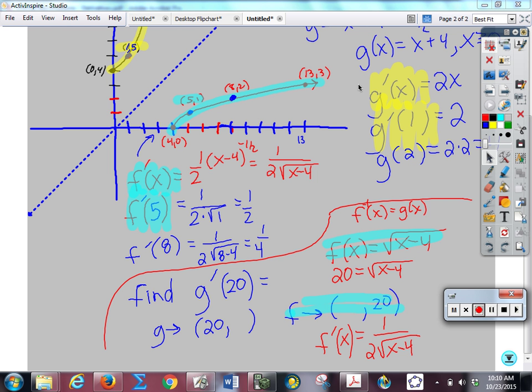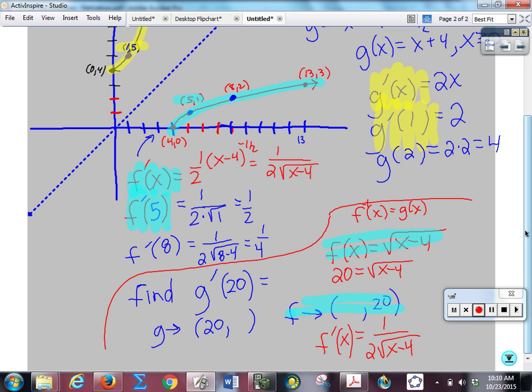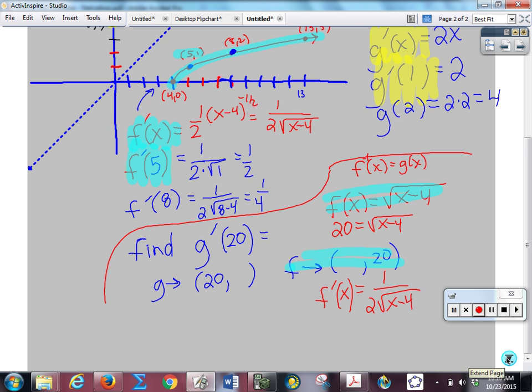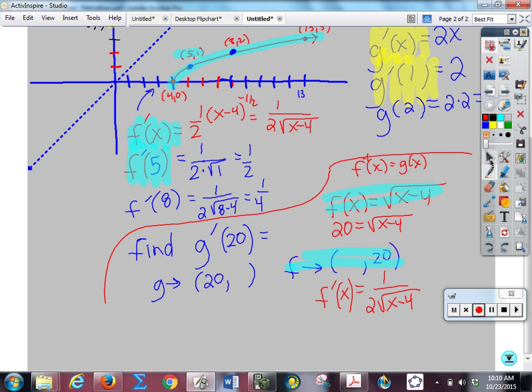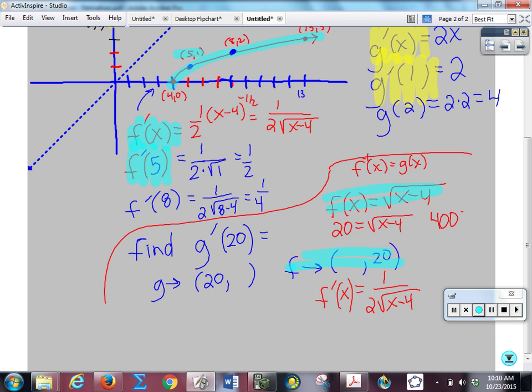So, to find the x coordinate, I square it and solve it. So 400, oh my gosh. 400 equals x minus 4. So what is my x coordinate? 404. So this is 404.